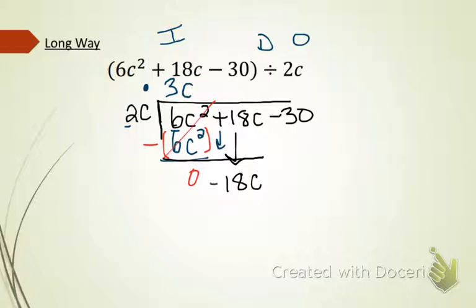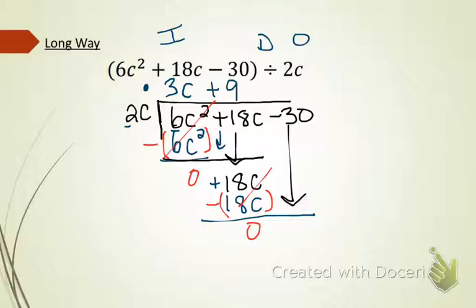Now remember, this is a positive 18, so we need a positive 9. 9 times 2c will give us an 18c. Now, does the 9 need a c? No, it doesn't, because then we would end up with a c squared, and that's not what we want. We just want the 9. Okay. Next, we subtract these two. 18c minus 18c, 0. Nice.